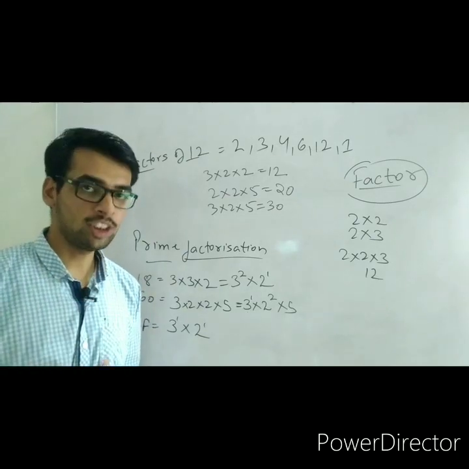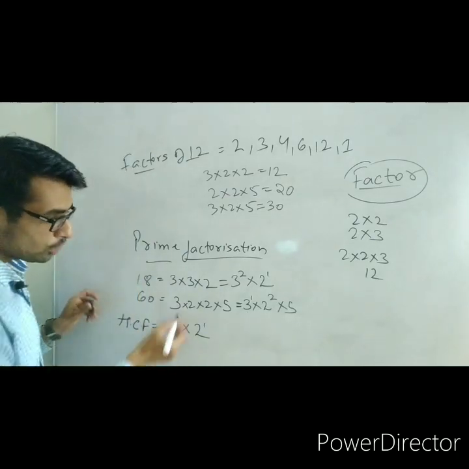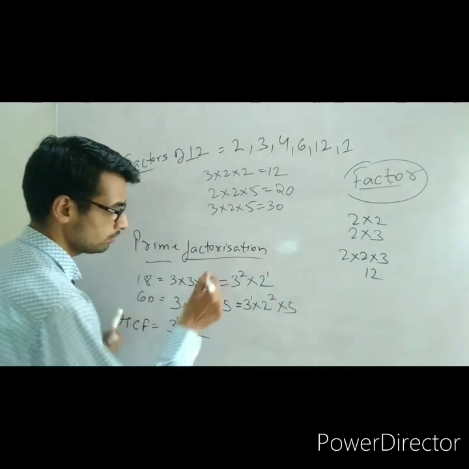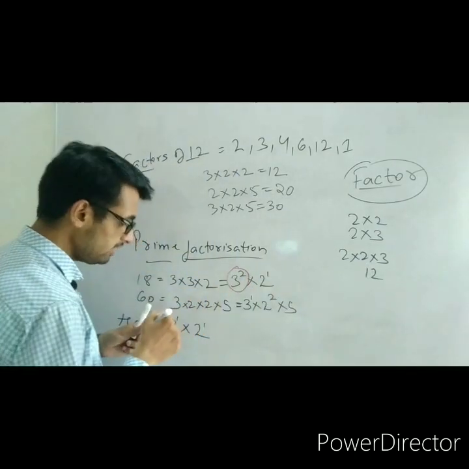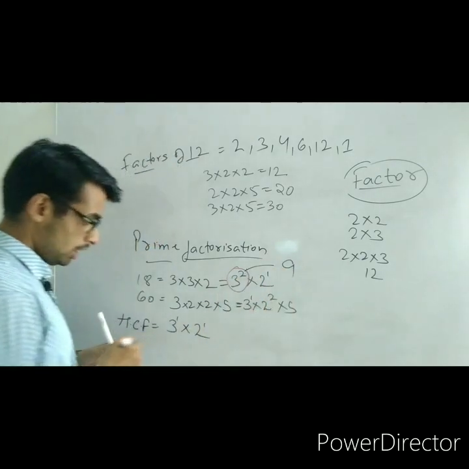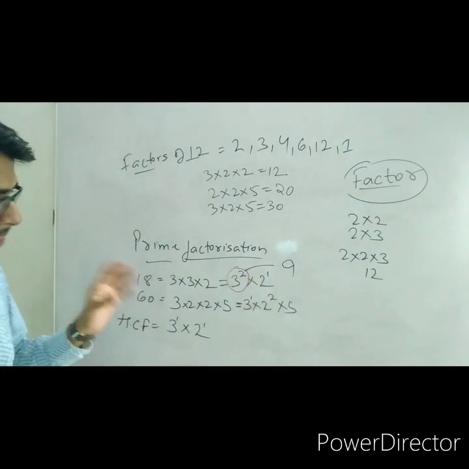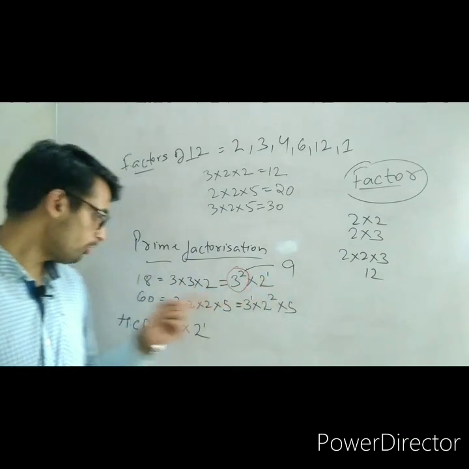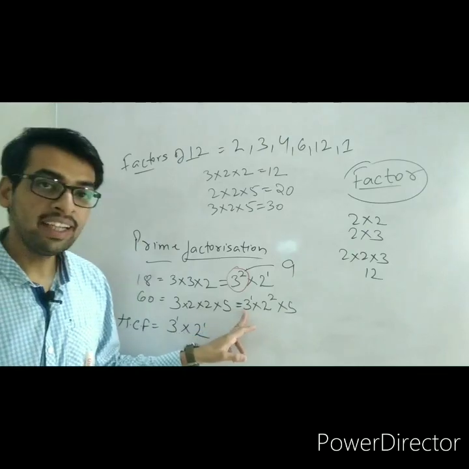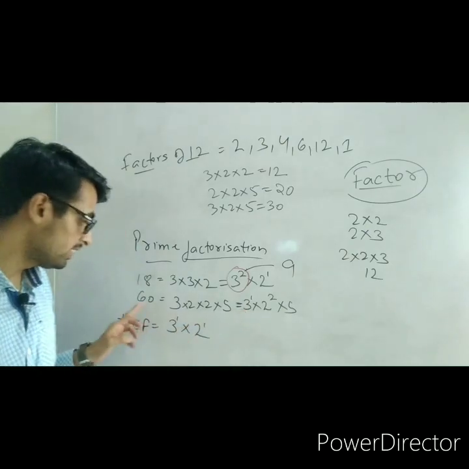Why not the highest power? In the case of 3, the highest power is 3 raised to power 2, which is 9. Now 9 is a factor of 18. Agree? But is 9 a factor of 60?